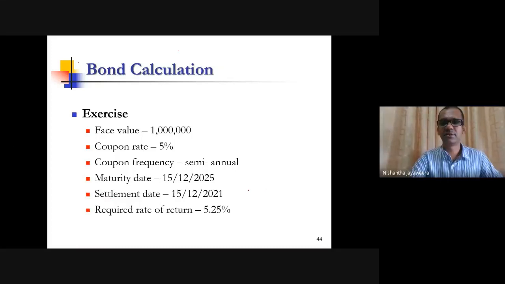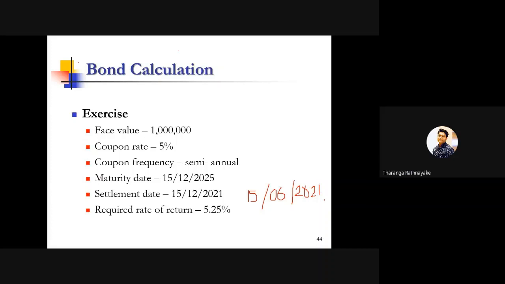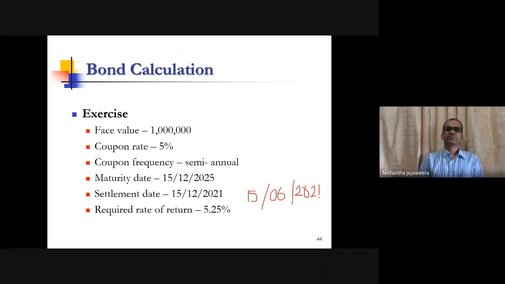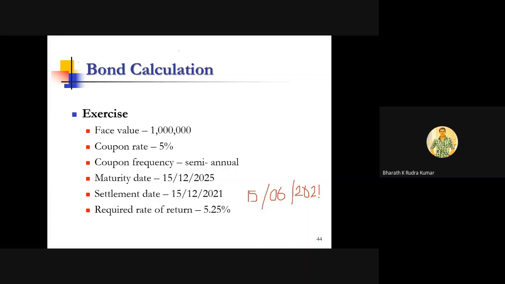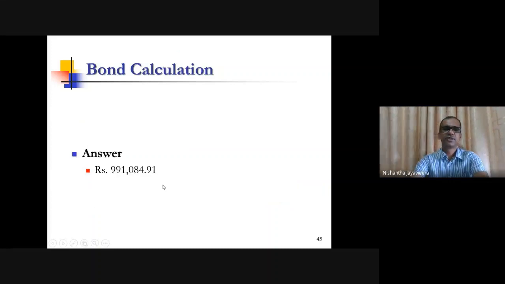In the example, what we did, this was 15 June 2021. Correct? Yes, sir. So if you do this calculation, you should get this answer.